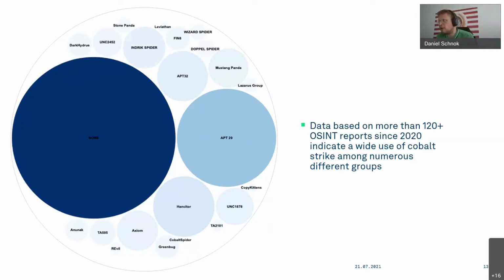But we can see a cluster of activity focused on, for example, APT29. But also TA505. You also see a good portion of this is REvil, and also the large source group, right? Because it's a common and popular tool among state actors and criminal threat actors.